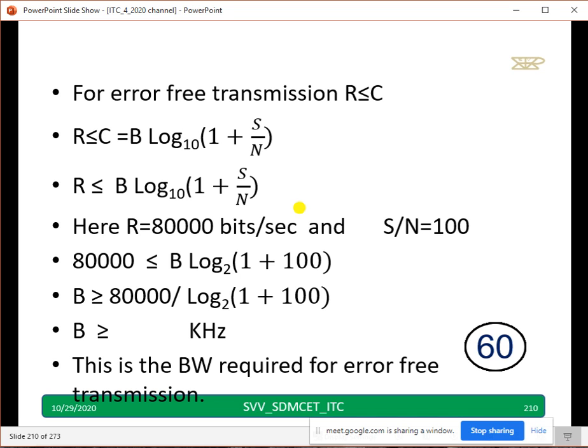Before that, you can copy down the equation: B log 1 plus S by N, and R is 80K, S by N is 100. Now this is very simple to find out the bandwidth. Hope all of you will do easily compared to the previous step, and you can share your answer in the chat box.